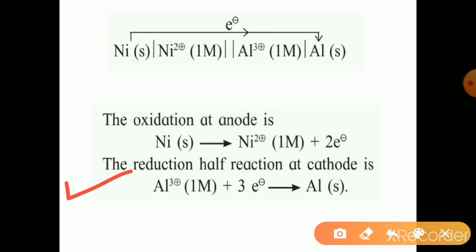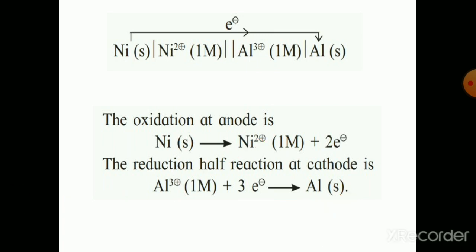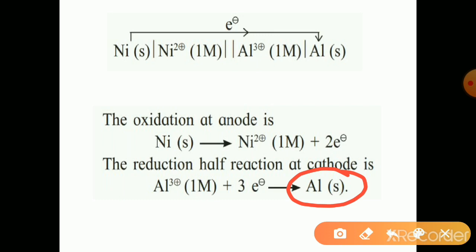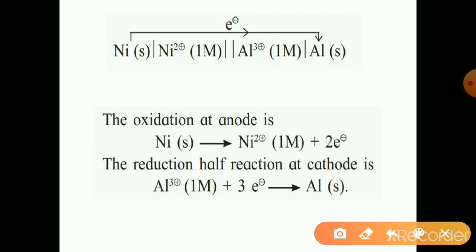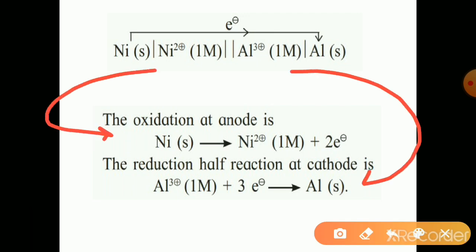So here the reduction half is written: aluminum ions, which have 1 molar concentration, gain 3 electrons and deposit on the aluminum electrode as aluminum solid. So these two are the half cell reactions. This half cell reaction information is drawn from the representation.